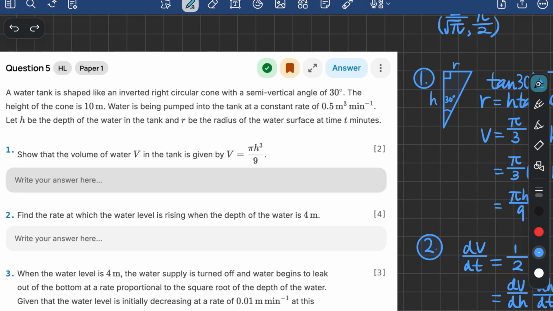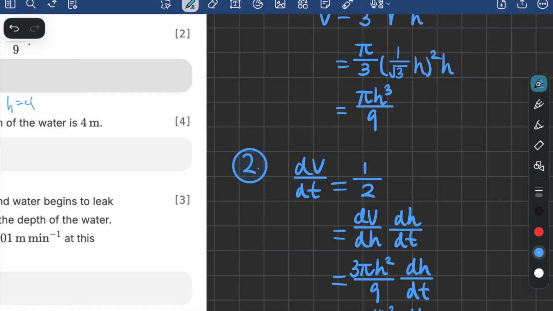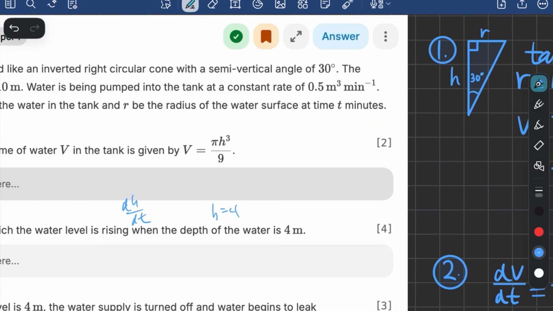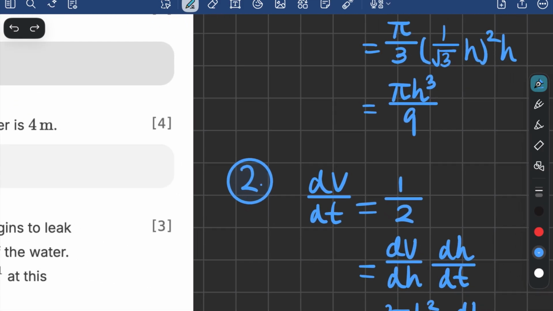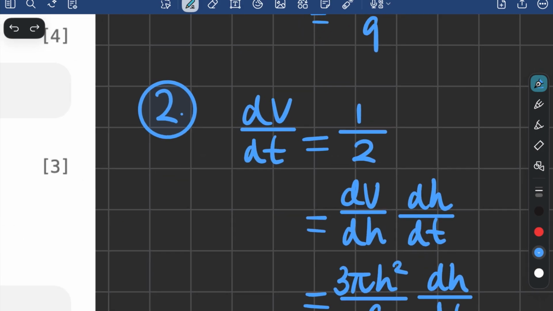Now this one is similar to what we did before. We're finding dh/dt when h equals 4. It's given that dV/dt is 0.5. So dV/dt equals 0.5 equals what we read before, dV/dh times dh/dt. Same reason, just cross out this and then you have the same thing here and there.